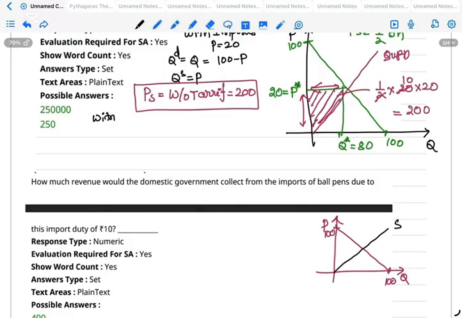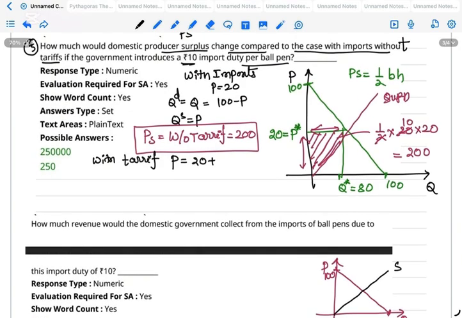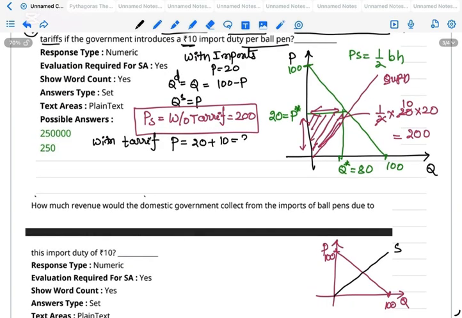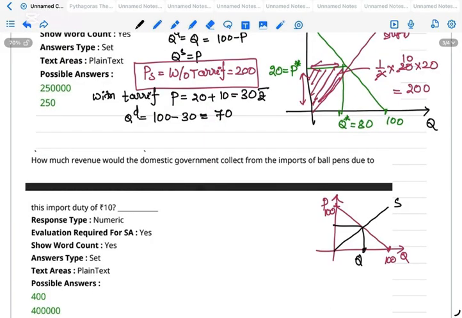With the tariff, price equals 20 plus 10 rupees tariff, that equals 30 rupees, so quantity demanded equals 100 minus 30, that is 70. QT star equals 70, PT star equals 30.